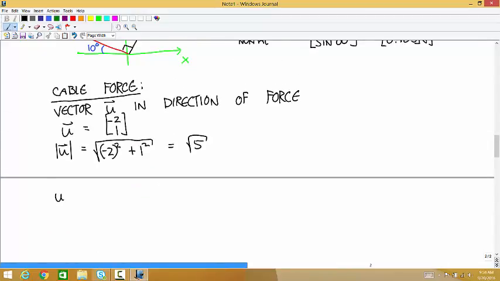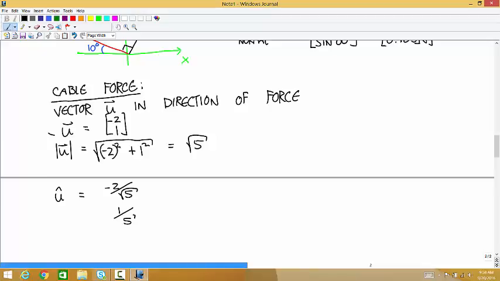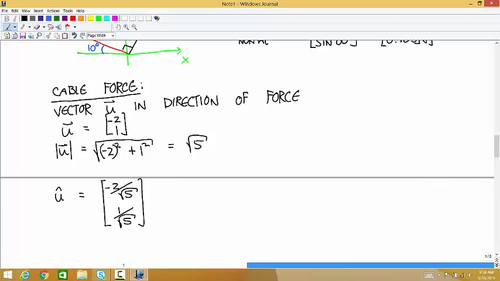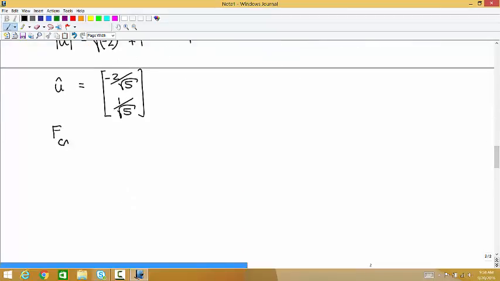And so a unit vector in that direction is negative 2 over square root of 5, 1 over square root of 5. And so then the force vector applied by the cable to the box is just the tension T times this unit vector.